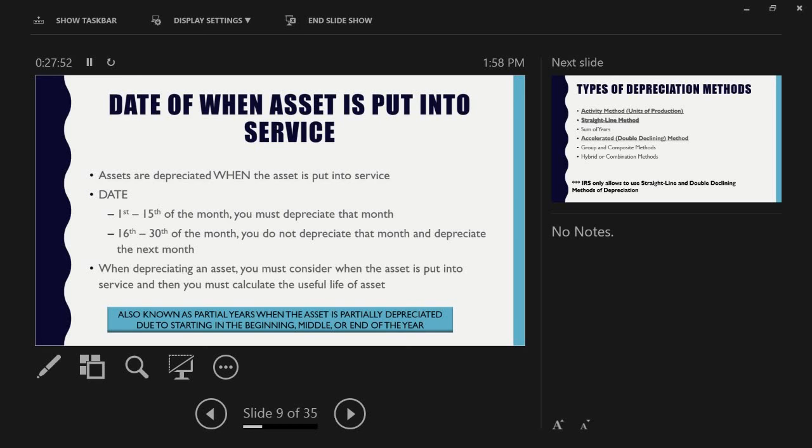I'm going to ask that question again. If I put it into service on June 12th and I want to calculate depreciation in December of 2019, so that same year I bought my printer, how old is my printer?